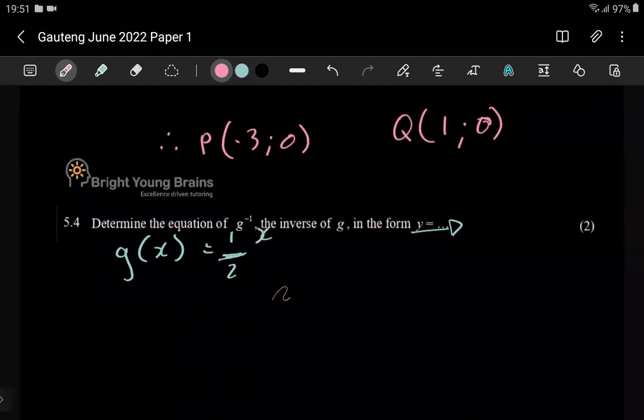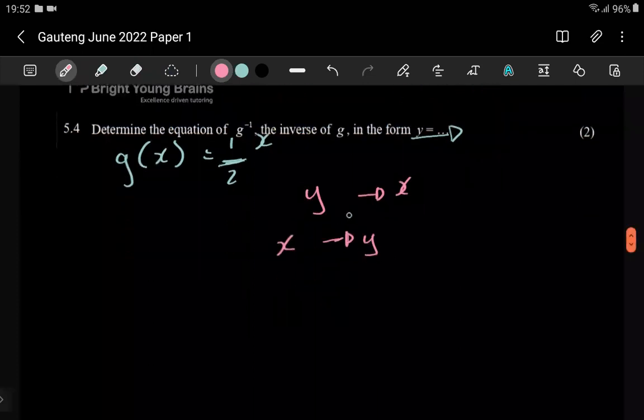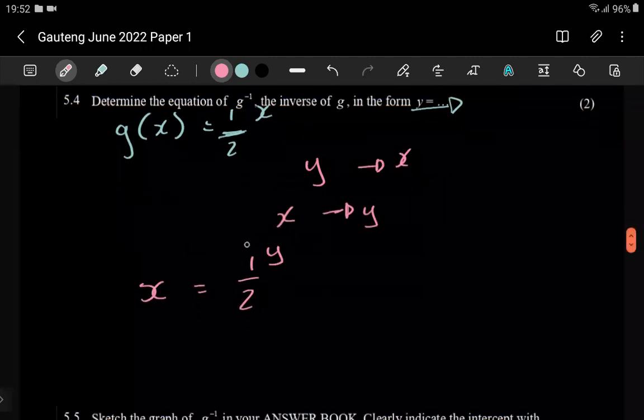So let's just make it simple: y becomes x, x becomes y. So that being said, here we can easily put an x there, and this we can make it to the power of y. And then, because we're trying to get the inverse, remember, we're trying to isolate the exponent.